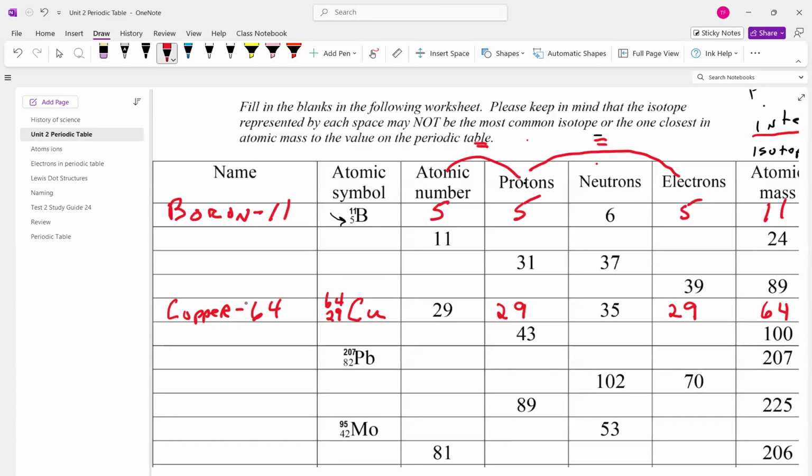Is this reasonable? Yes. Okay. This making sense?